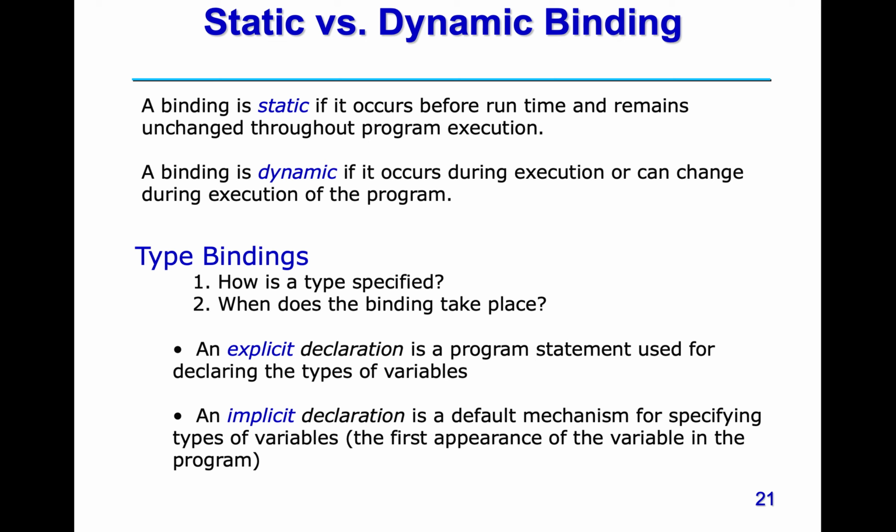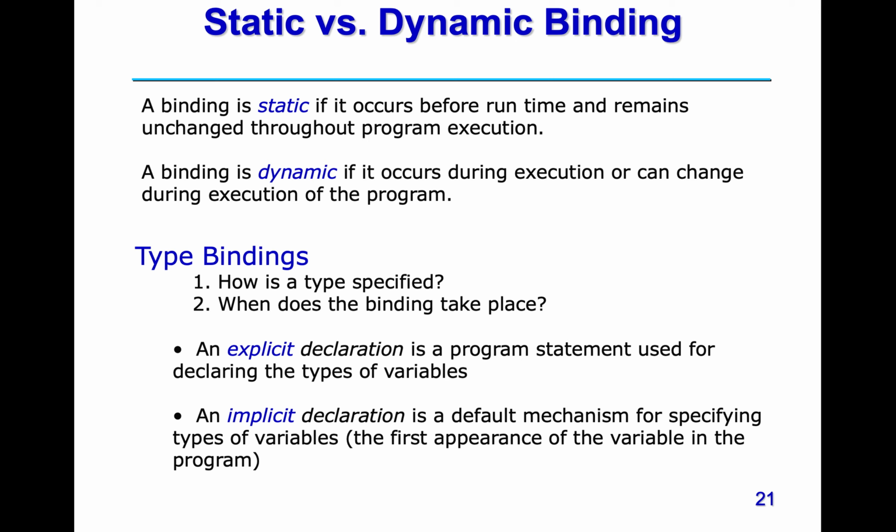And that can change during the runtime because that's when the allocation, that's when the binding is actually occurring, and they call it dynamic binding. Static happens before runtime, dynamic happens at runtime or during runtime, and it can change, it's more flexible. Static is not very flexible.